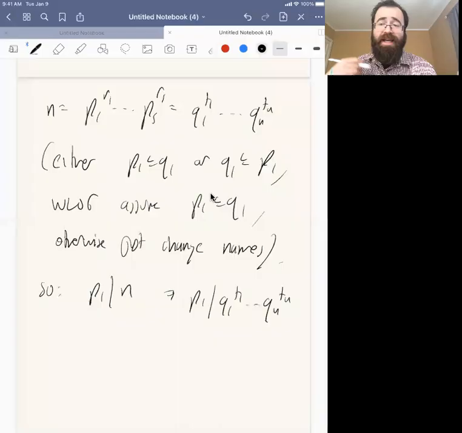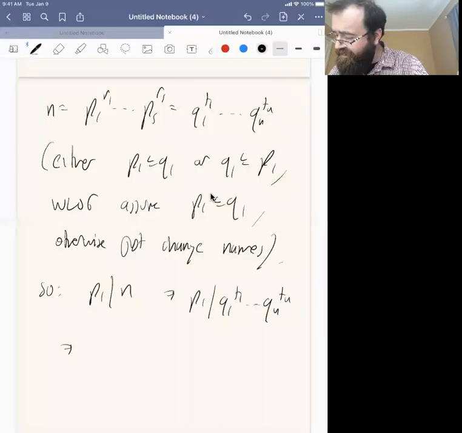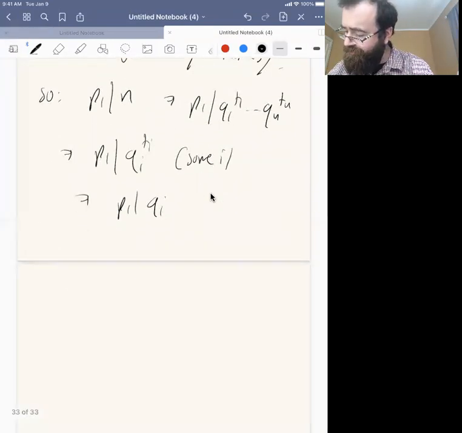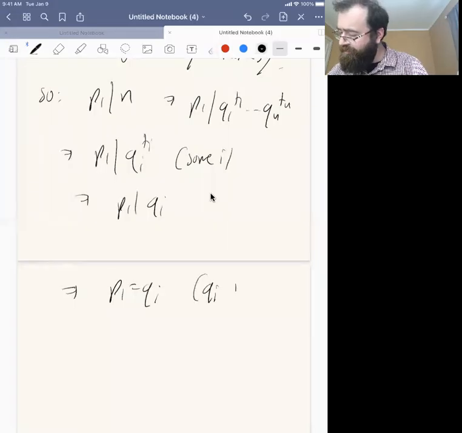And then arguing exactly as we did above, you have a prime dividing a product of powers of primes. That means that this prime divides one of the things. So this implies that p1 divides qi to the ti for some i, which implies, in fact, that p1 divides qi. But qi is prime. And so this implies that p1 is equal to qi, right? Since qi is prime.